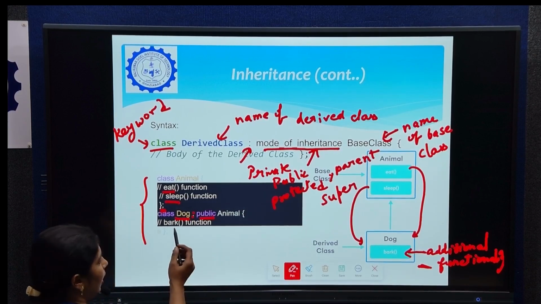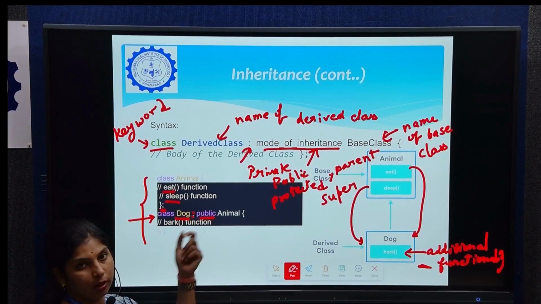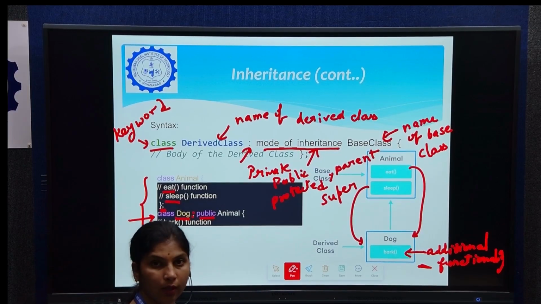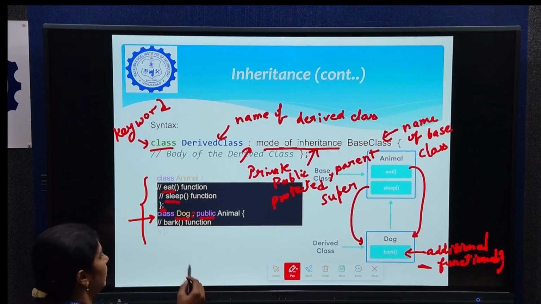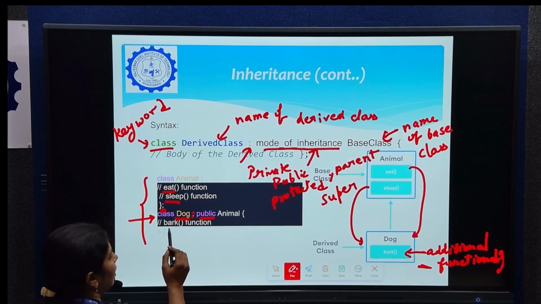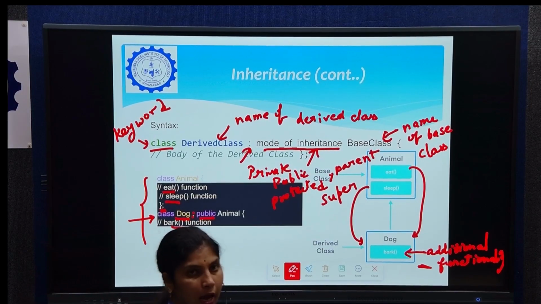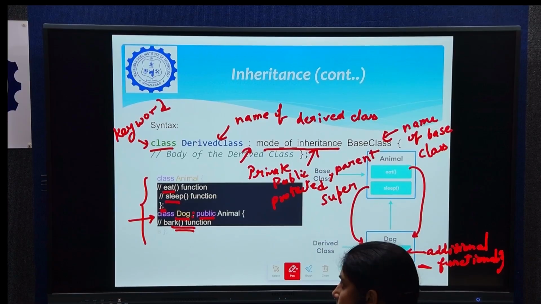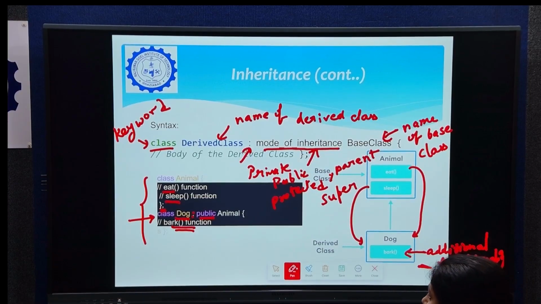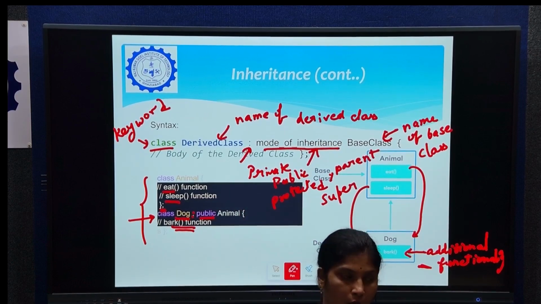So what we are doing here, we are creating a derived class using the parent class, base class. So class dog, colon operator, public, animal. The new functionality is added here called bark. So this is how we write inheritance in C++. We are implementing it here using some codes and constructs.